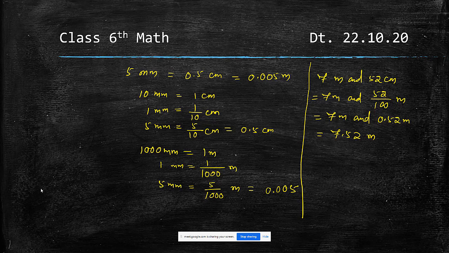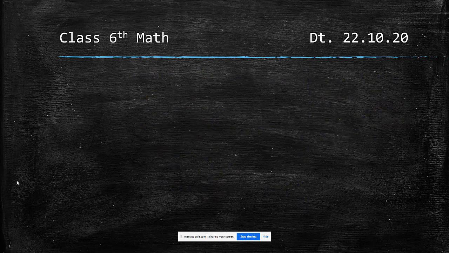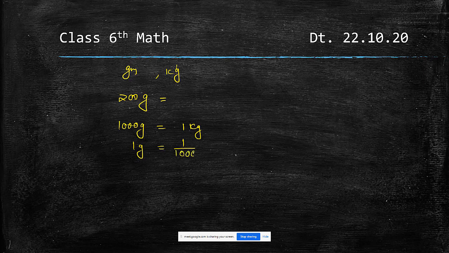Similarly, suppose we are measuring weight, then we measure in gram or kilogram. Suppose we are given 200 gram. Okay, we know 1000 gram equal 1 kilogram. So 1 gram equals 1 upon 1000 kilogram.